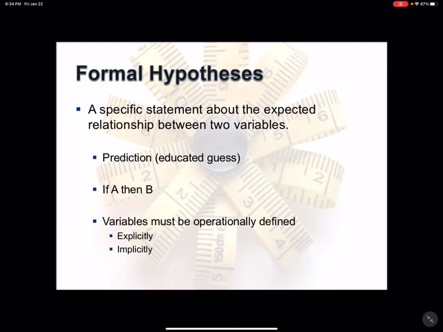Now here comes the kind of tricky part. Remember that science is empirical. It must be something that we can all see with our 5 senses, that we can all agree is actually there in the real world. So therefore, the variables must be operationally defined.